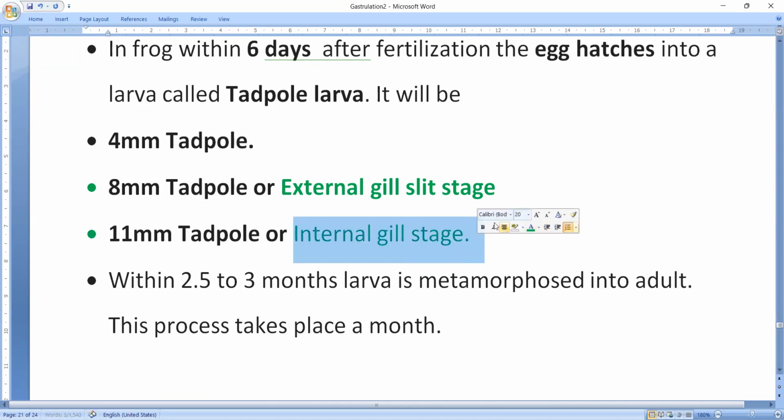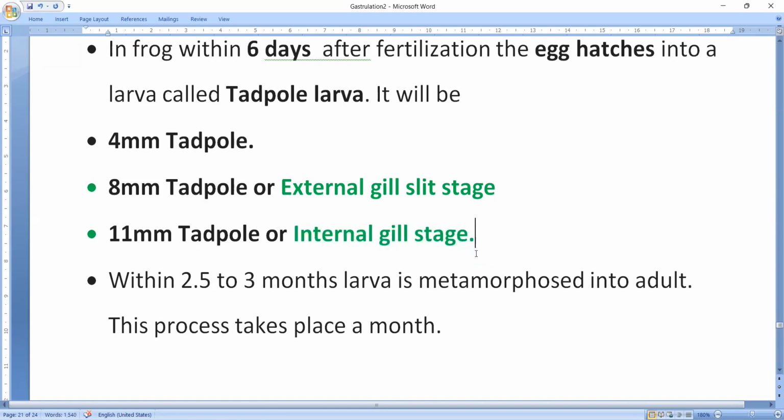So first the external gill slit stage forms in the tadpole larva. Next, internal gill slits form due to the formation of internal gills and the operculum surrounding the internal gills, just like fish. An interesting fact about the tadpole larva is that its trunk is almost transparent and its appearance is like a fish.